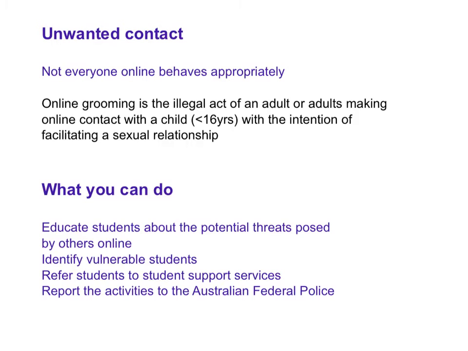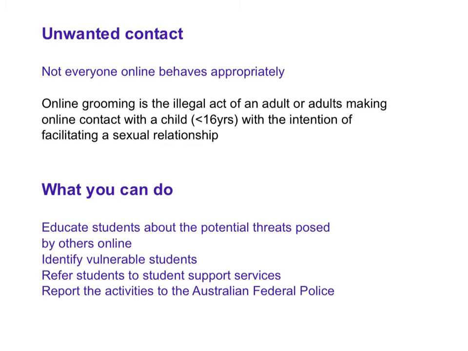So some things that you can do is to educate students about the threats posed by people online and online relationships and the dangers of establishing relationships with people that you don't know and you can't vouch for. Identifying, keeping an eye out for those students who may be vulnerable.